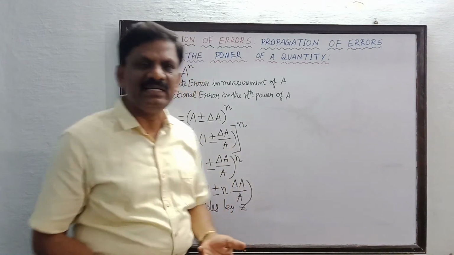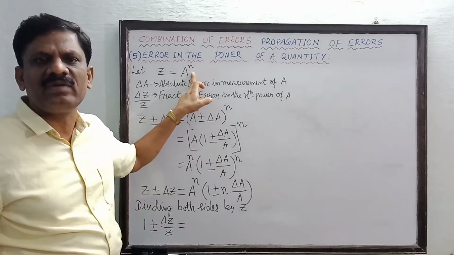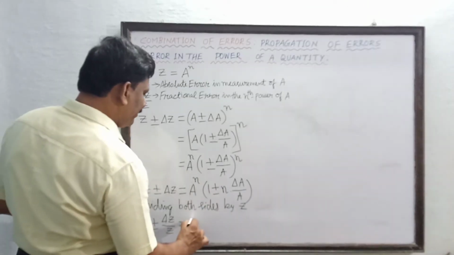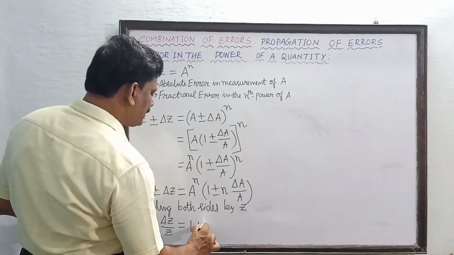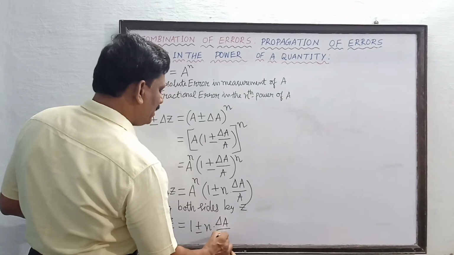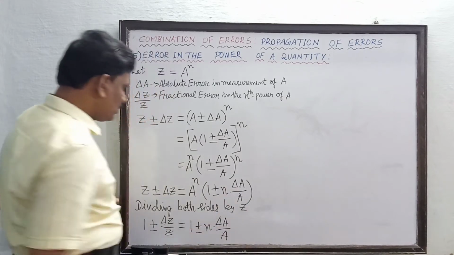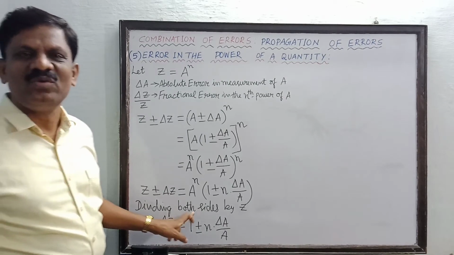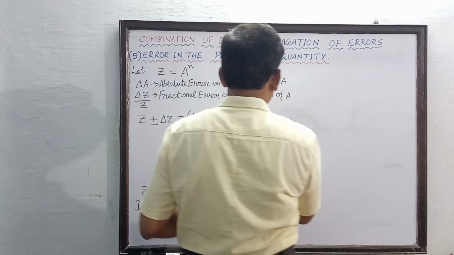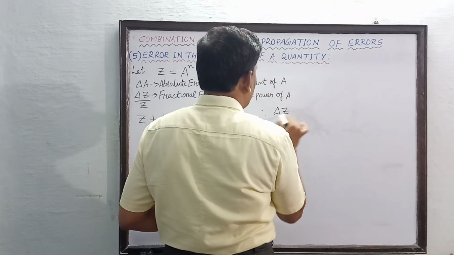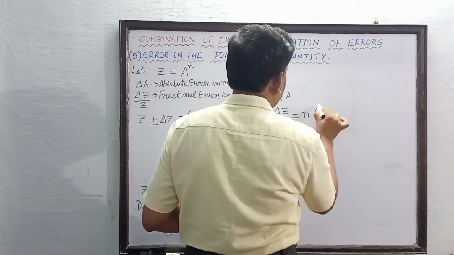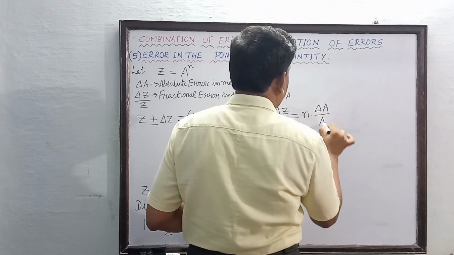So when I divide by Z, instead of Z you can substitute A to the power of n, so that A power n gets cancelled. The remaining factor is 1 plus or minus n times delta A divided by A. So 1 plus or minus delta Z by Z is equal to 1 plus or minus n times delta A by A. Therefore delta Z by Z is equal to n times delta A divided by A.